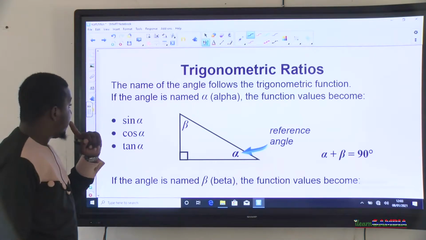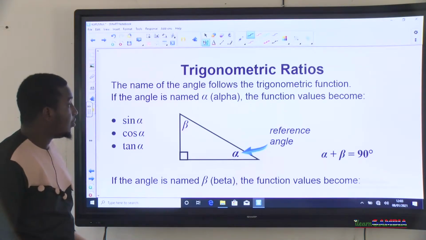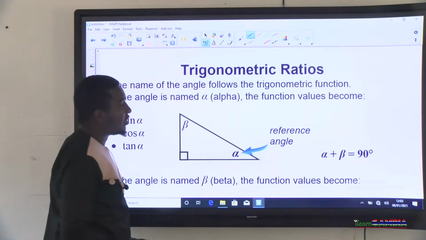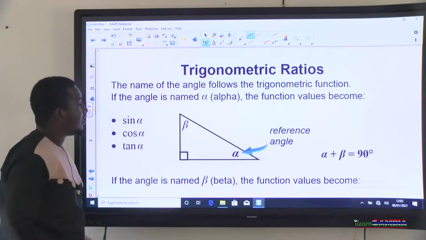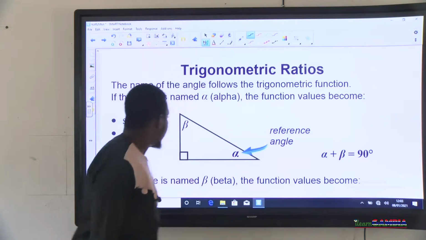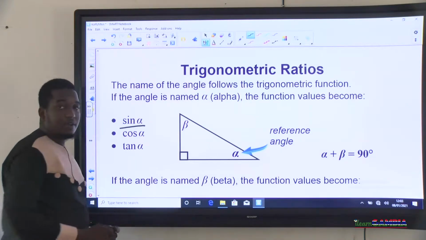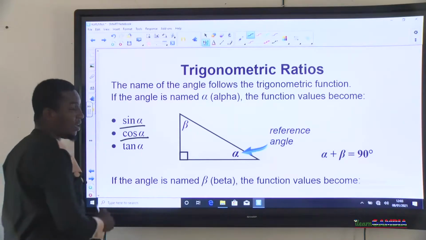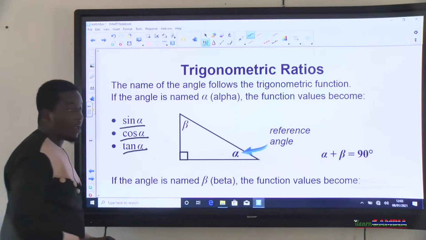We move on. The name of the angle follows the trigonometric function. If the angle is named alpha, the function values become sine alpha, cos alpha, and tan alpha.